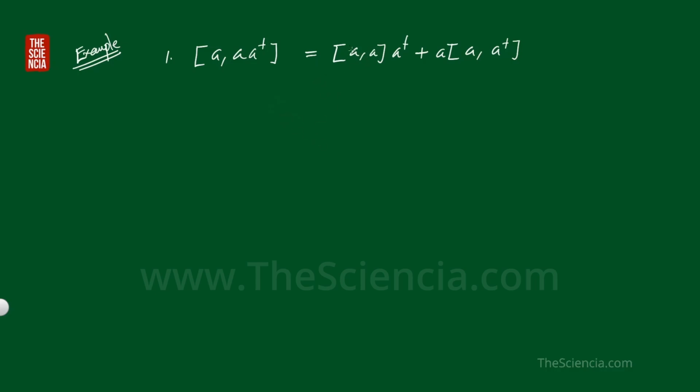So here we know the commutator with the same term will definitely be equal to 0. And we know the commutator of A comma A dagger, what is it? That is equal to 1, right? So we got the answer equal to A.